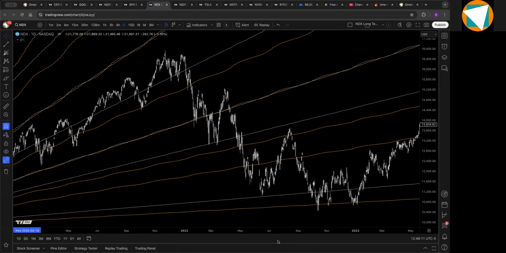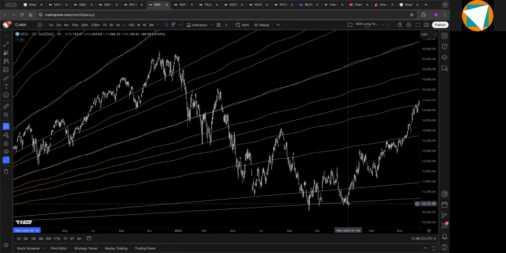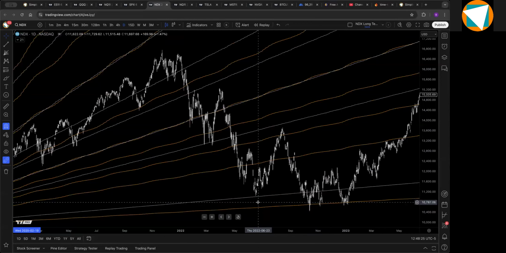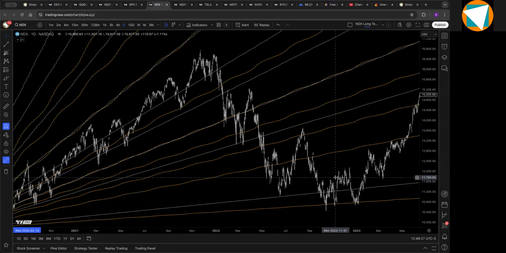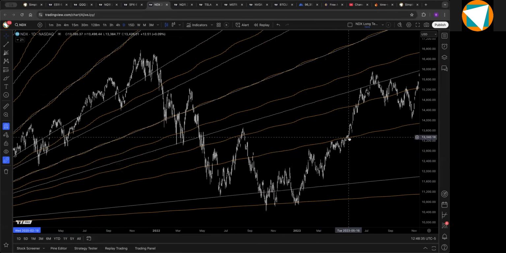And you can see pretty quickly how that Mercury level provided support right at the late 2022 low. So it's a super useful technique, and it allows for a level of customization that simply isn't available using the standard TradingView Gann fans.